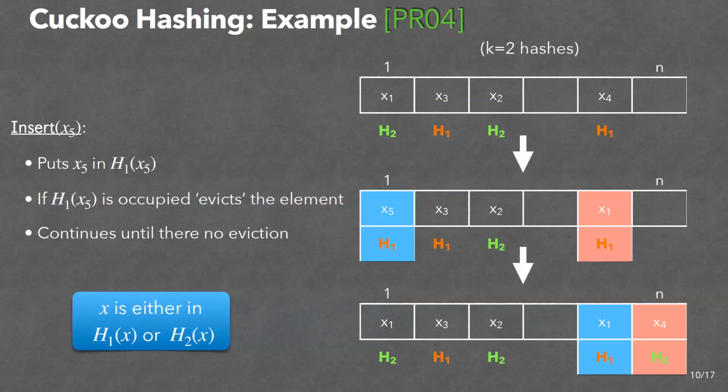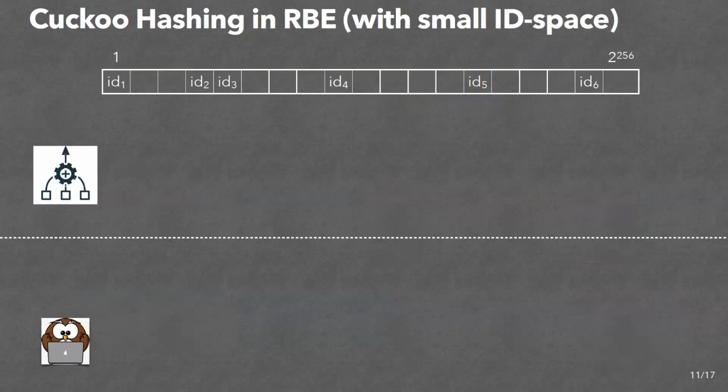And what is important in our case is that in cuckoo hashing, we can deterministically say what are all the possible positions that the element can be. So we know that if we want to insert an element, in this cuckoo hashing scheme it is either in H1 of X or in H2 of X. We know deterministically all the possible positions that the element can be. And this is very important.